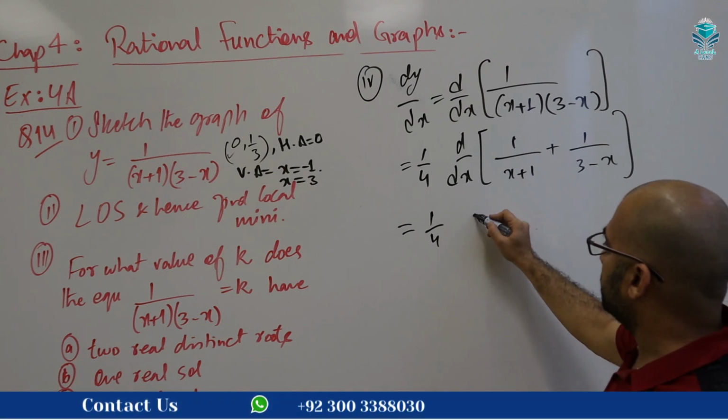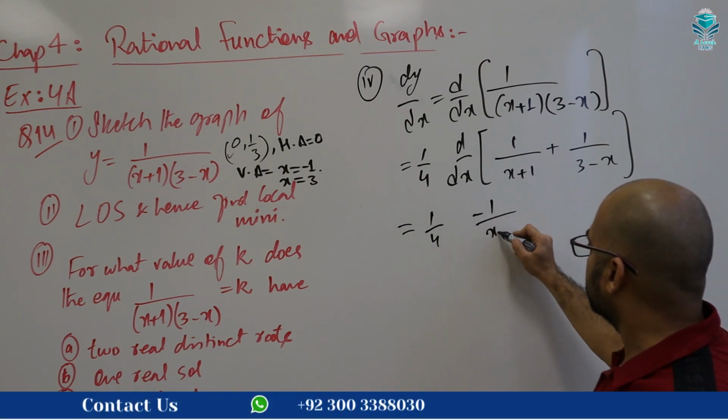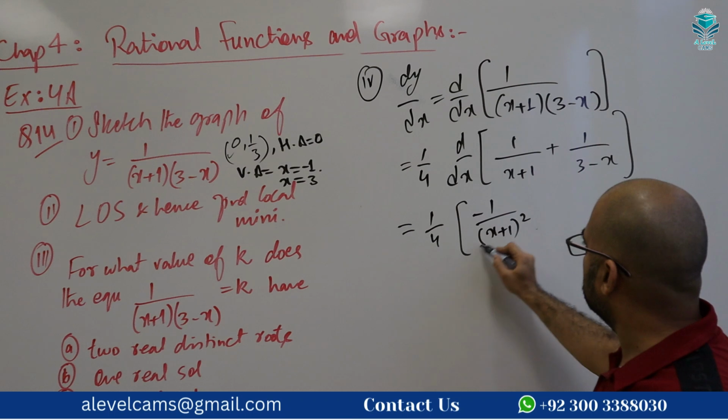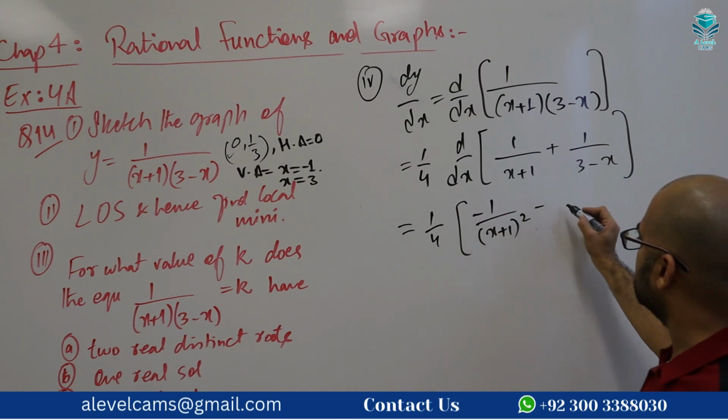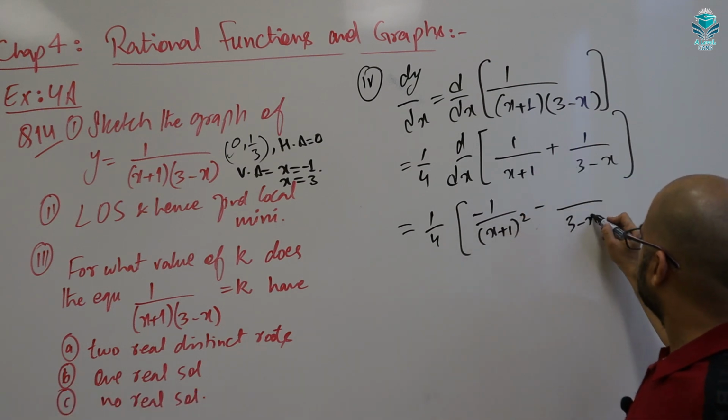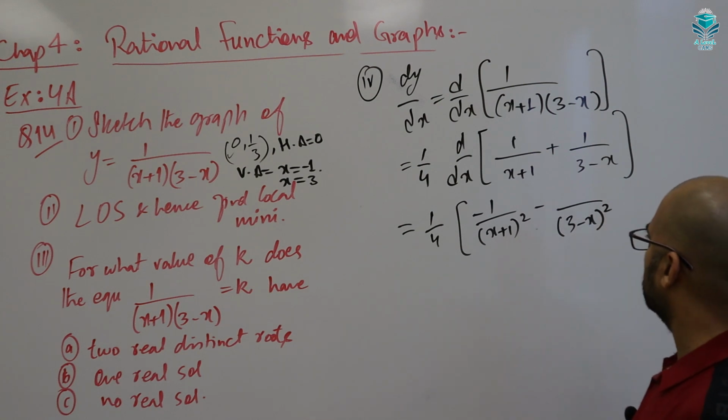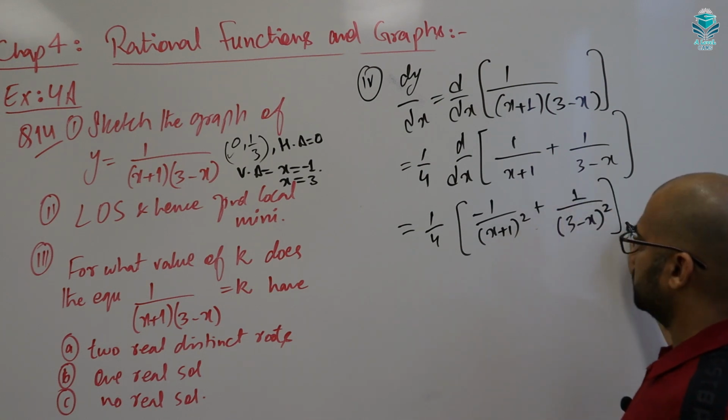When you take the derivative of it, you have minus 1 over (x plus 1) squared, and when you take the derivative of this, you have 1 over (3 minus x) squared.